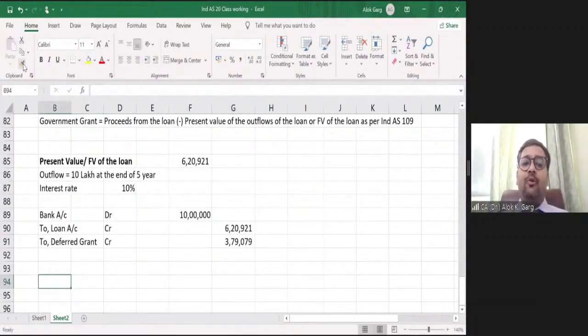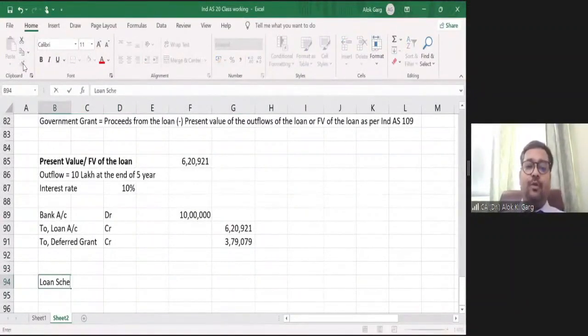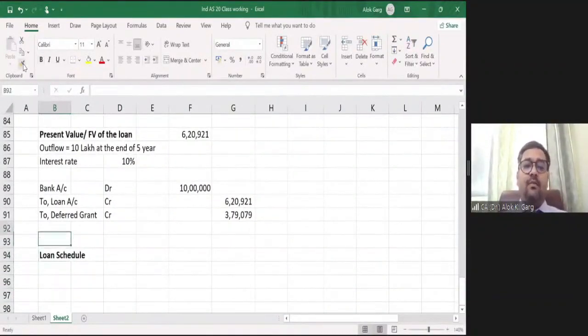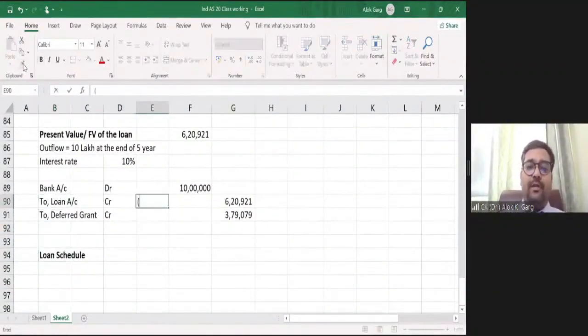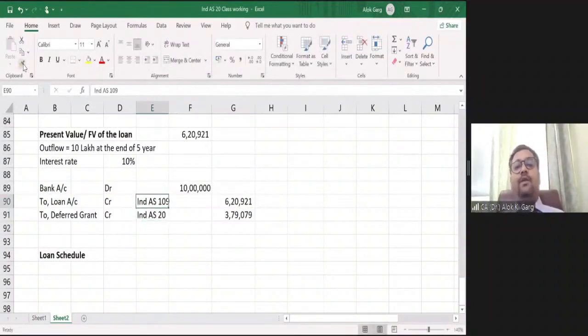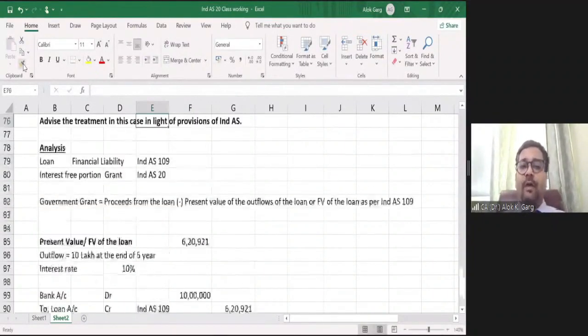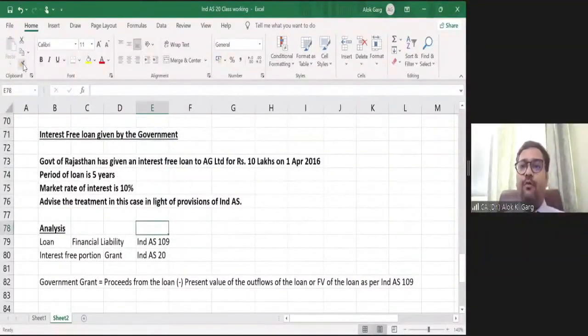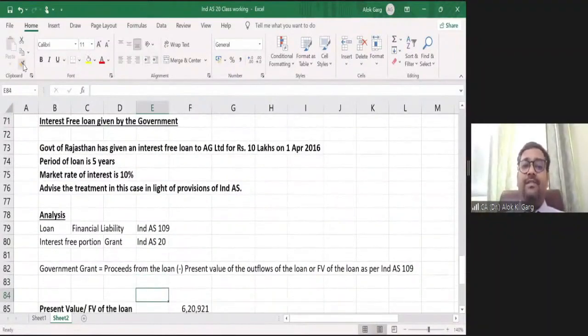Now I am preparing a loan schedule. This loan account has to be treated as per Ind AS 109, and this has to be treated as per Ind AS 20. So friends, are you clear on this part so far? The government has given an interest-free loan of rupees 10 lakh, which is repayable after 5 years. The fair value or market rate of interest is 10%.